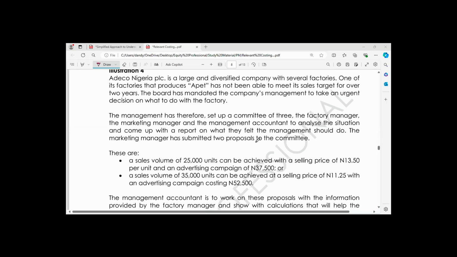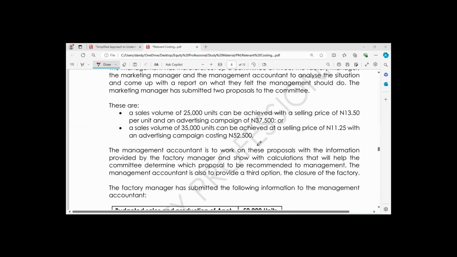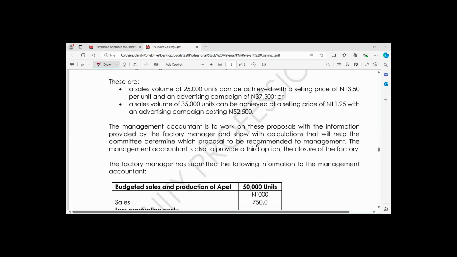The marketing manager has submitted 2 proposals to the committee. These are: 1, a sales volume of 25,000 units can be achieved with a selling price of 13 naira 50 kobo per unit and an advertising campaign of 37,500 naira.